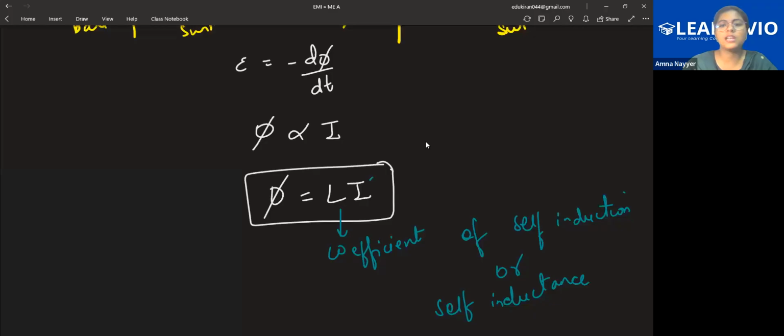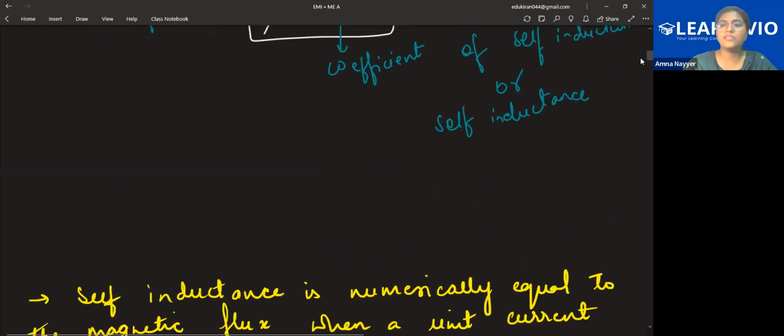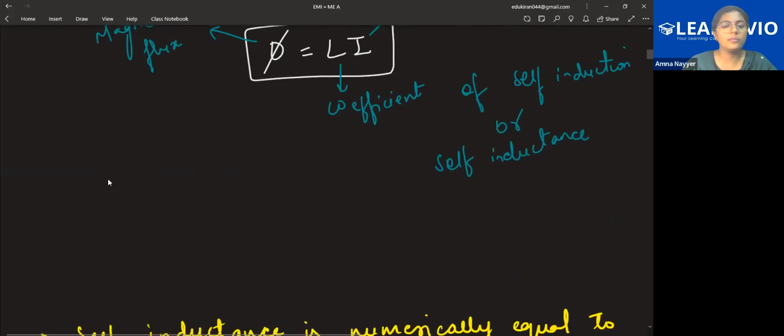I, you know, is current, and phi, you know, is magnetic flux. So your phi is equal to L i. From here, inductance is equal to flux divided by the current.